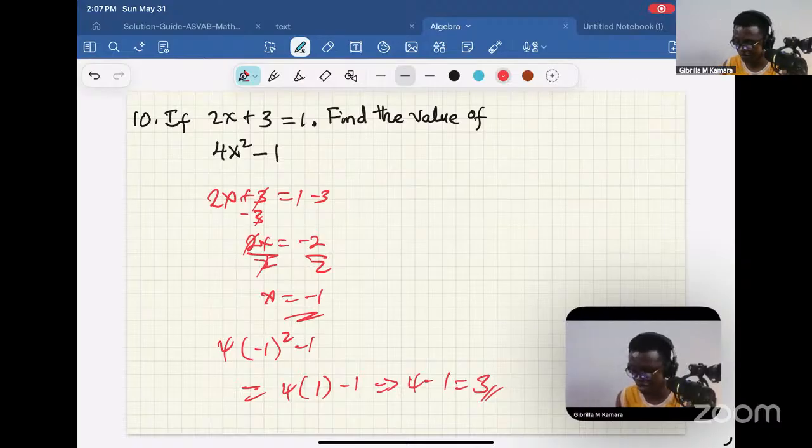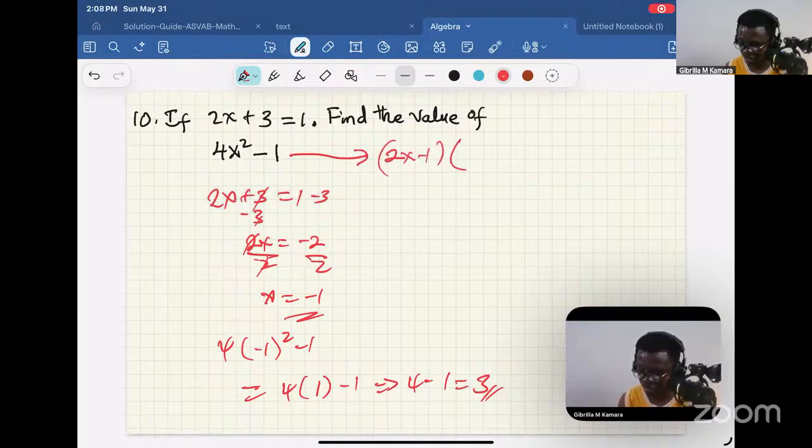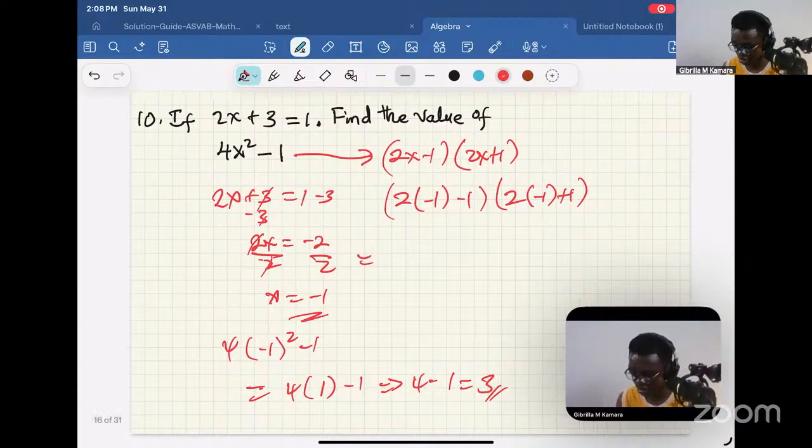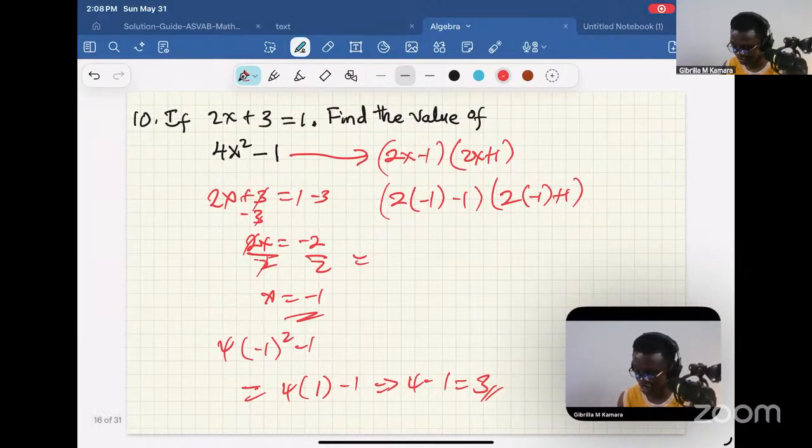So that's one way. Then the other way, this can also be simplified as 2x minus 1 into 2x plus 1. Okay? So you can see this is 2 into minus 1 minus 1, into 2 into minus 1 plus 1. So let's see if we are going to have the same answer. Yeah, everything here.